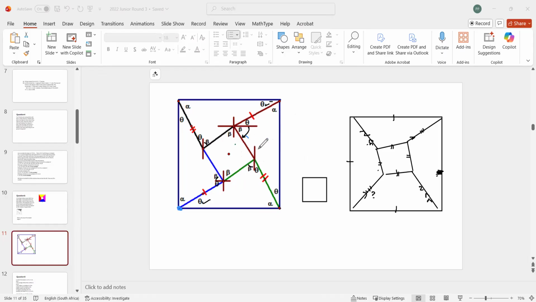Right. Now, this angle which we call theta, it must be equal to this because these two lines are parallel. This is a straight line here. Right? Okay, so this angle here is theta.